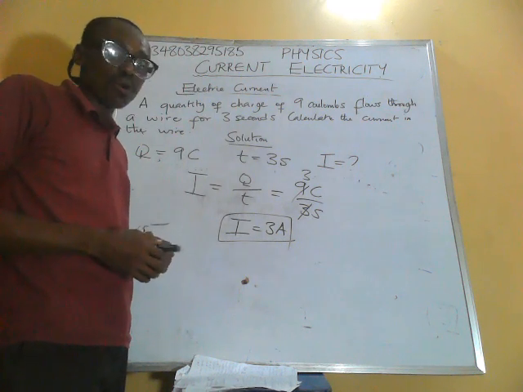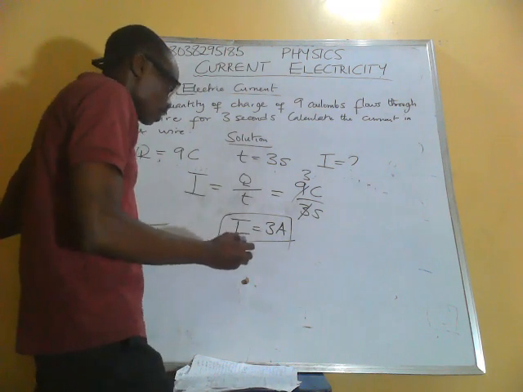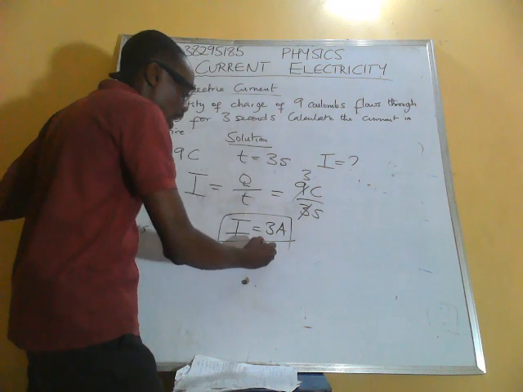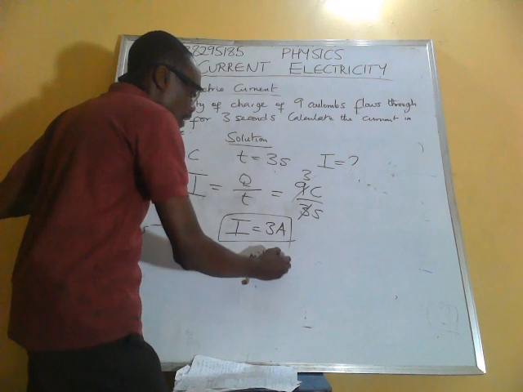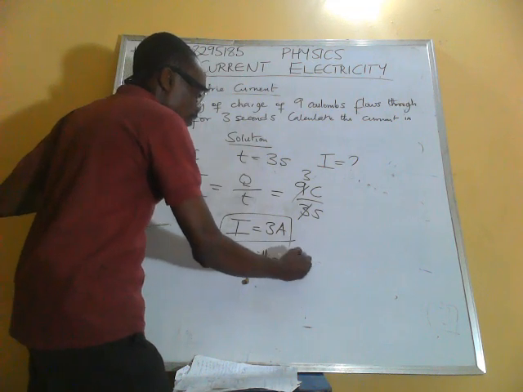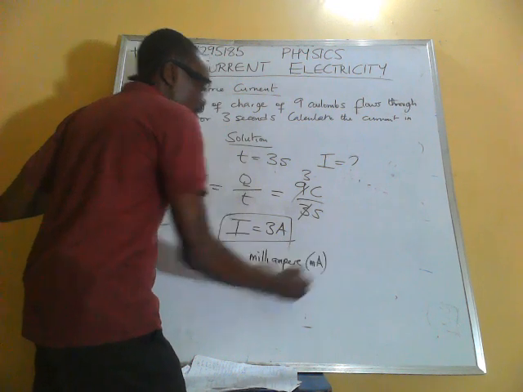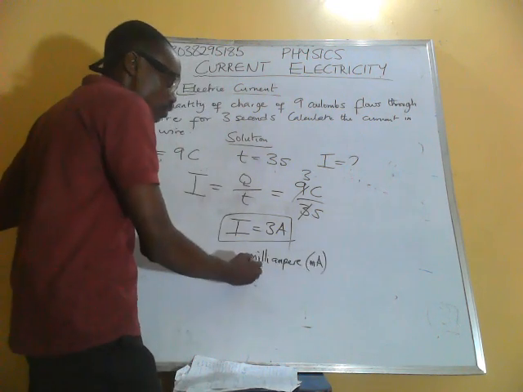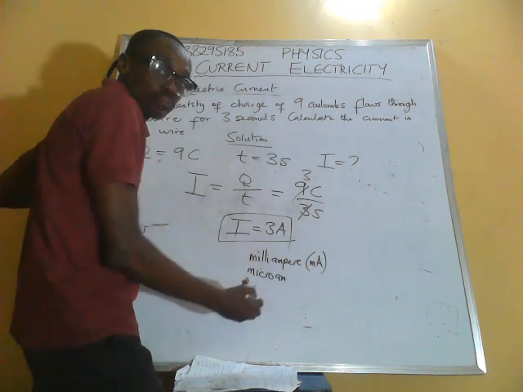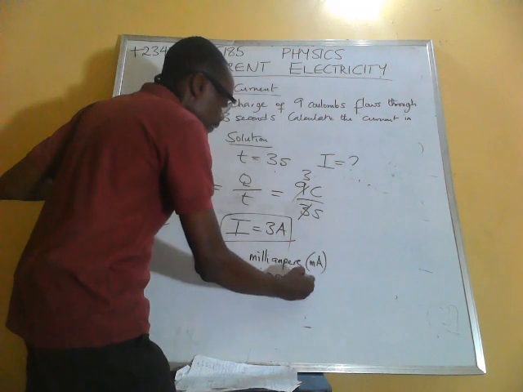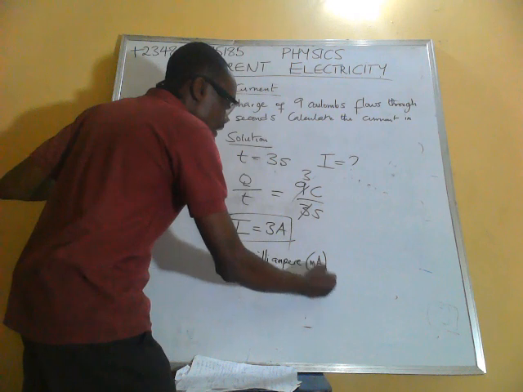When you have small current, you can have smaller units such as milliamperes, written mA, or microamperes, written μA.